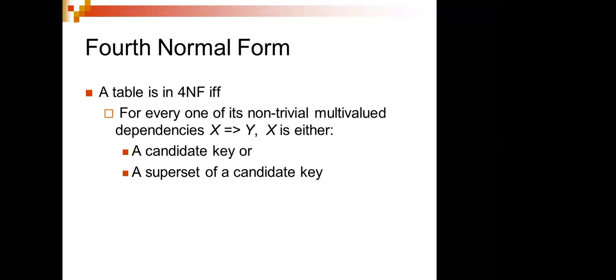If you are coming to the fourth normal form, it is assumed that you have crossed the first and second normal forms and you are in the third normal form. When you are in the third normal form, the next level is the fourth normal form. What it tells you is that for every one of its non-trivial multi-value dependencies, X should either be a candidate key or a superset of the candidate key.